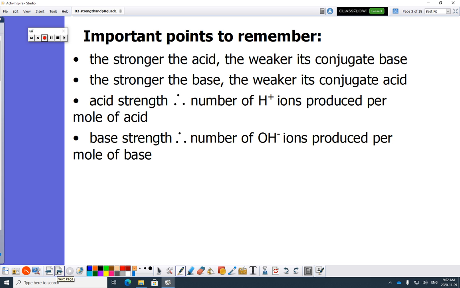Okay, so the stronger the acid, the weaker its conjugate base. That has to do with the fact that if you have a strong acid or base, the reaction is technically 100% forward.